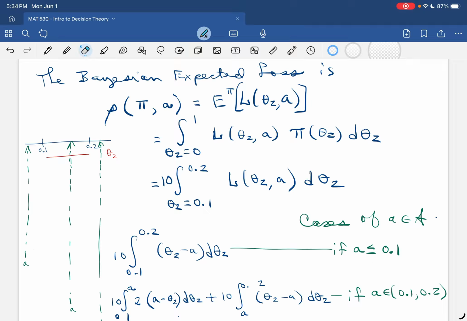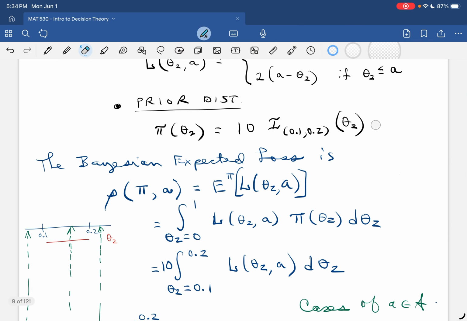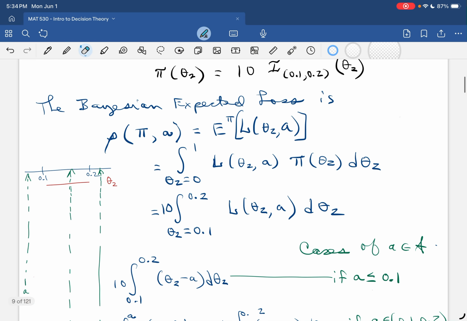So we integrate as theta 2 goes from 0 to 1, the loss function times the prior distribution. Recall that the prior distribution is 0 everywhere outside of the open interval between 0.1 and 0.2, so we can modify our limits of integration and put 10, which is the constant from the prior.